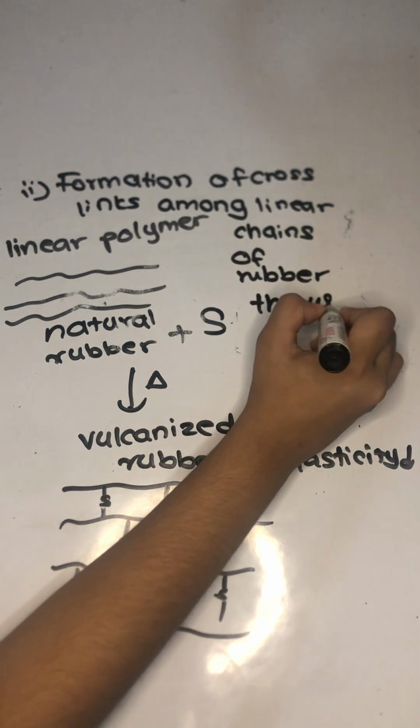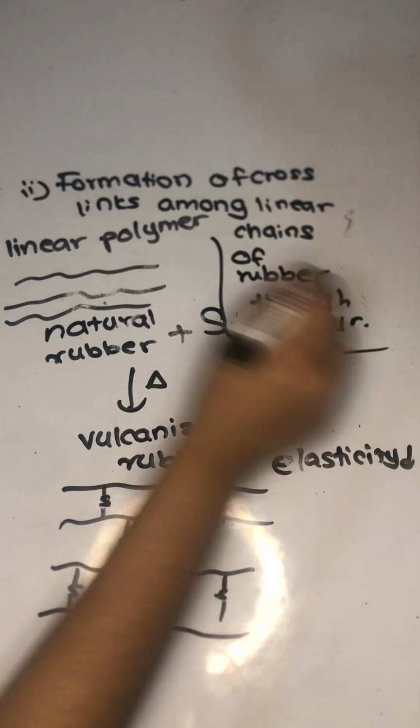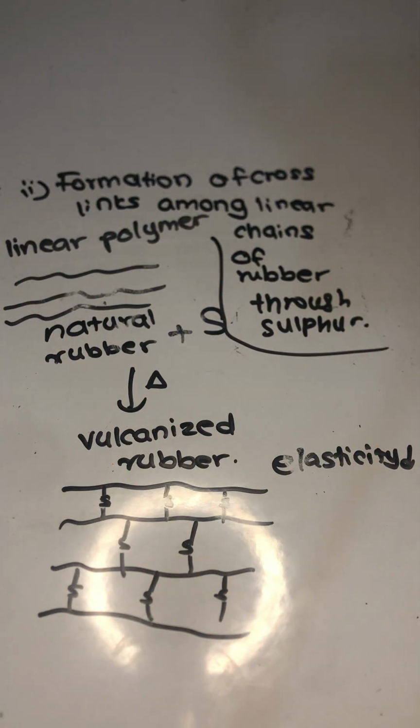So this whole process you just mention in a few words, right? Precise, to the point. Formation of crosslinks among linear chains of rubber through sulfur. Okay, so let's go for the B part.